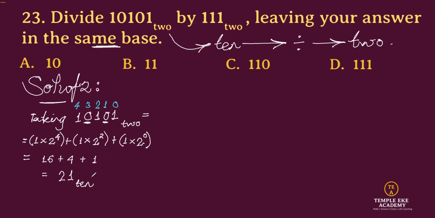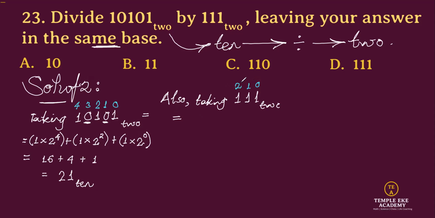Now, we're also going to convert the second number, which is 111. So also taking 111 in base 2, and converting to base 10 the usual way, we're going to have, by giving the exponents to the individual digits, 0 from the far right towards the left, 1, and then 2.